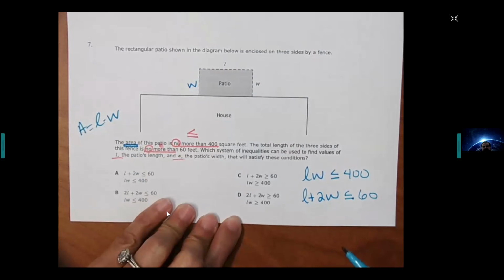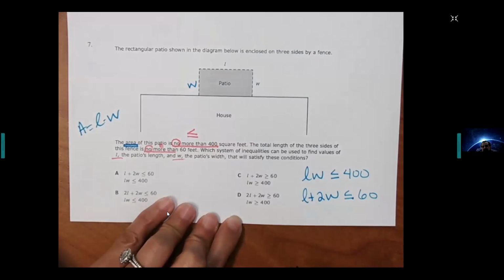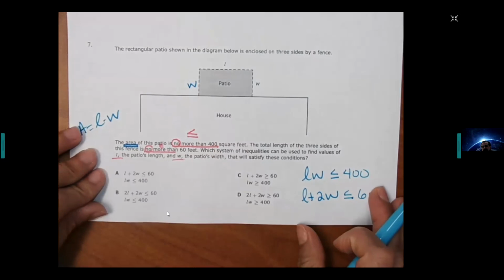Can you tell us how you know that? From the diagram, the sketch. The other length, the opposite one, is already built as a side of the house. So we only need the three sides.